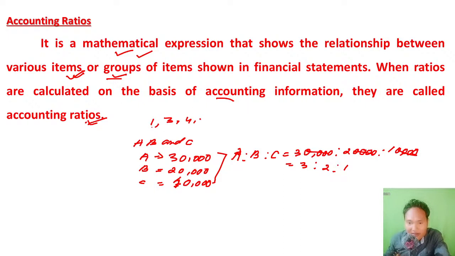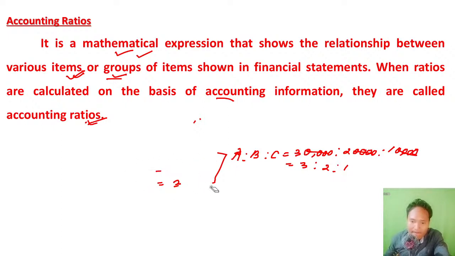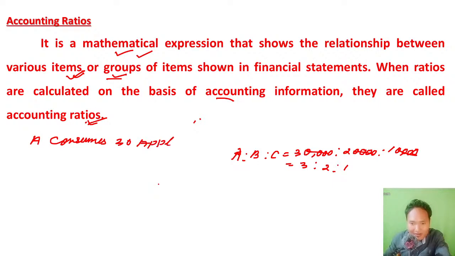Let's take another example. A consumes 30 apples. B consumes 20 apples.